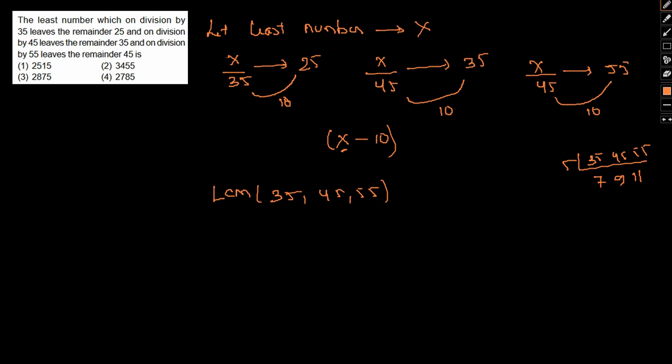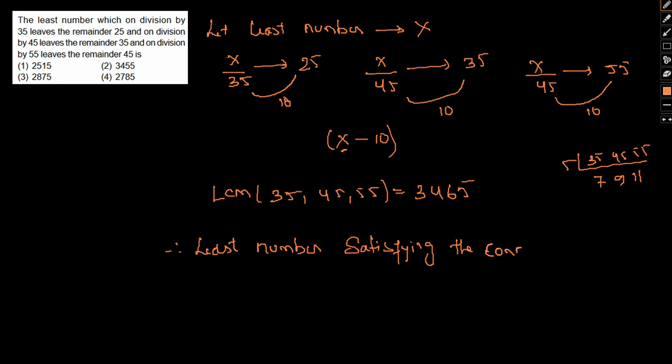So 55 into 63 would give us 3465. Therefore the least number satisfying the condition will be 3465 minus 10, or 3455.